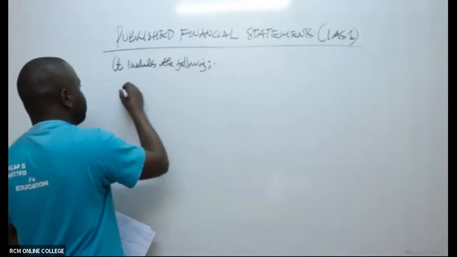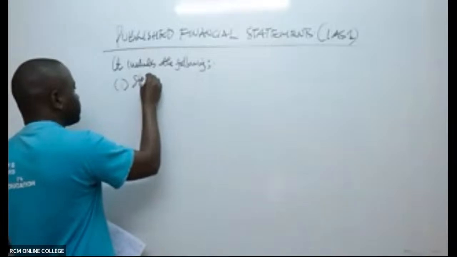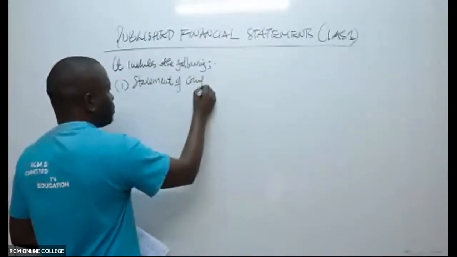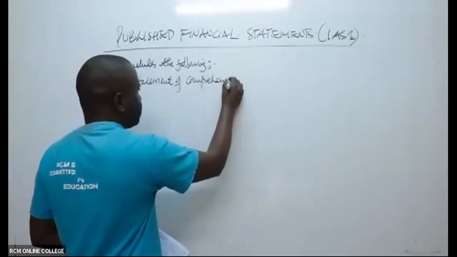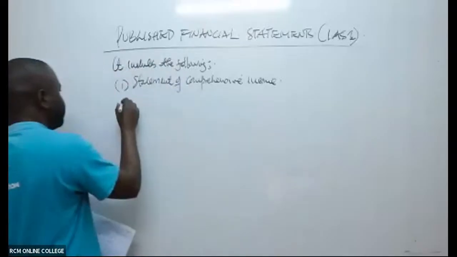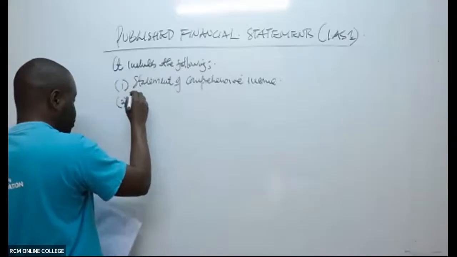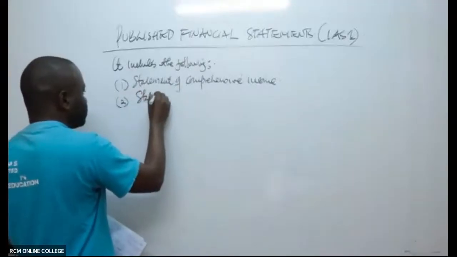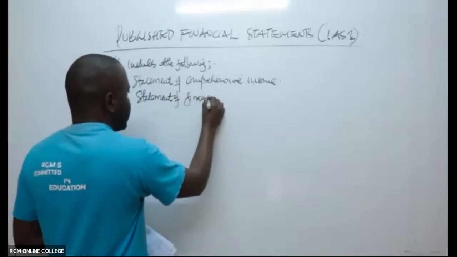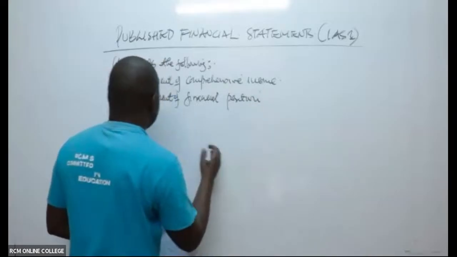Number one, we have the statement of comprehensive income. Number two, we have the statement of financial position.